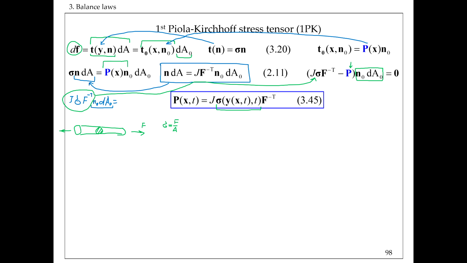The area will shrink because you pull it, with the Poisson effect, and so your sigma will be changed through that factor.